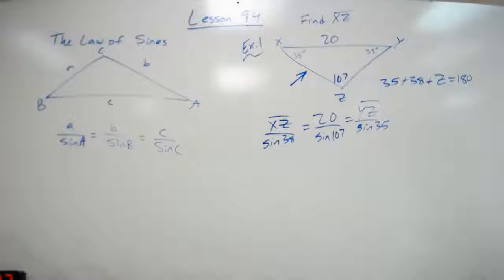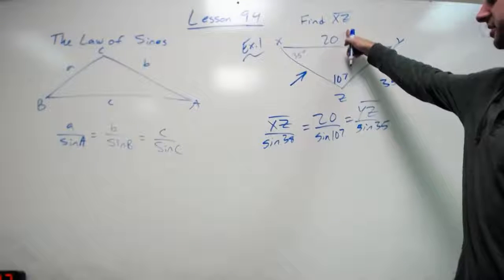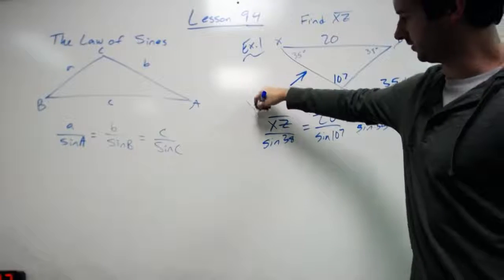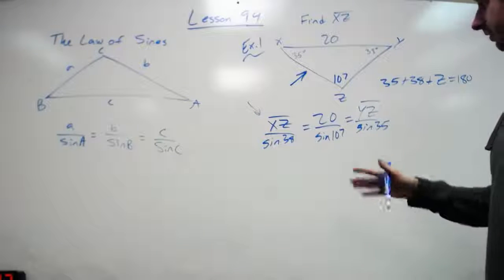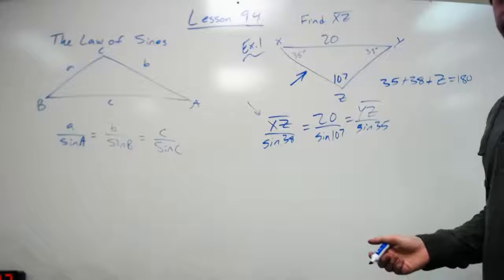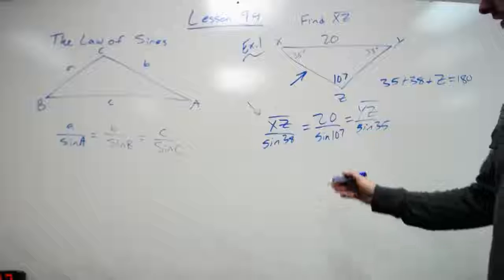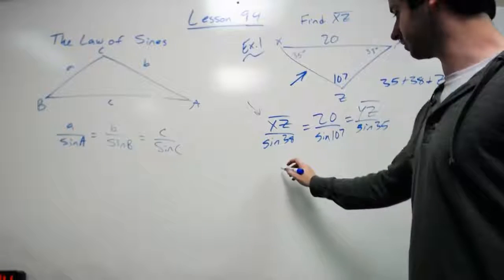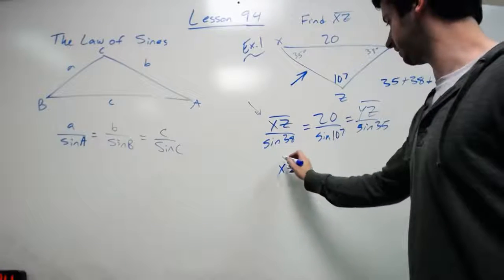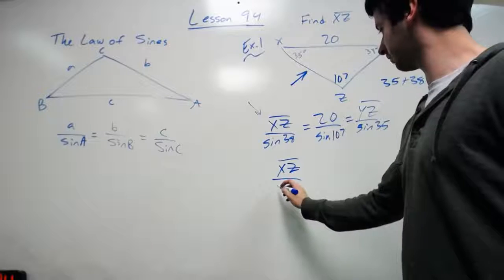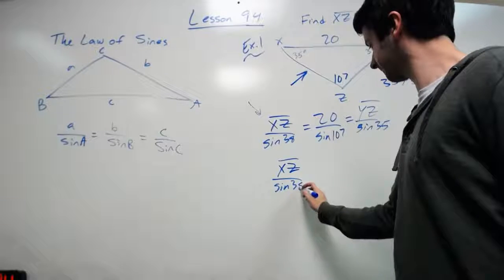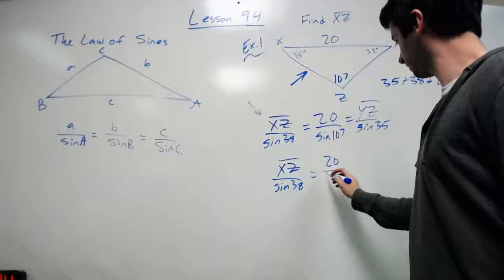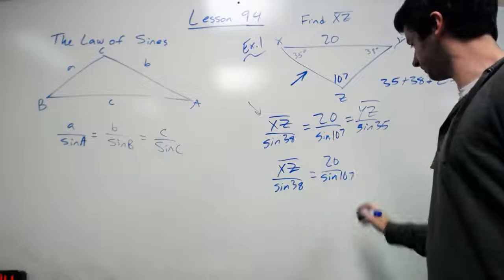Now from here it said to find xz. We need to combine it with a proportion that's only going to have one variable. If I'm finding xz, I can do xz over sine of 38 equals 20 over sine of 107.